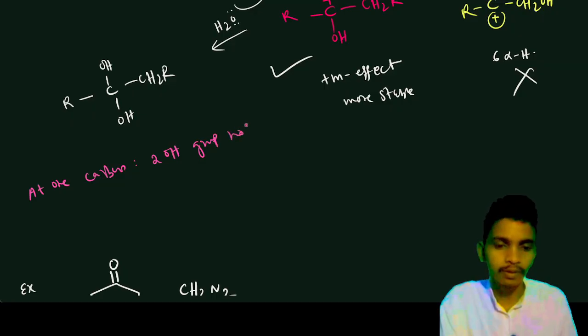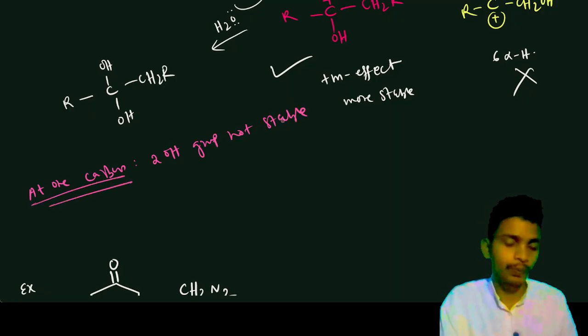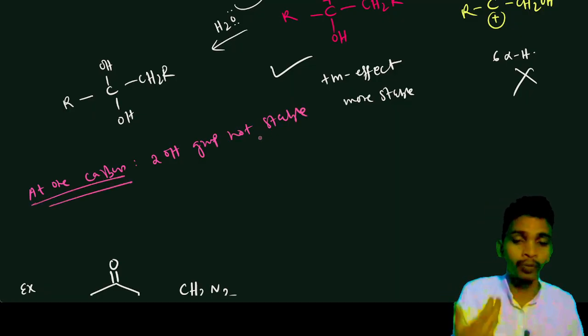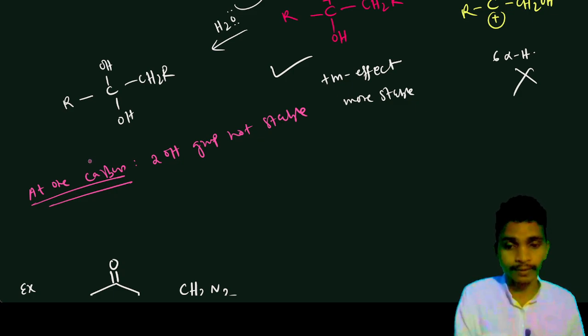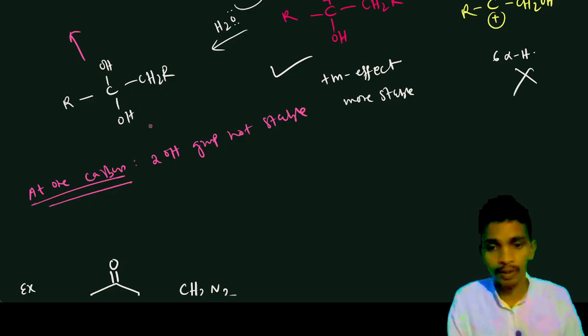This will never happen, so at 1 carbon, two OH groups we will never see. What will happen here is that water will be released.